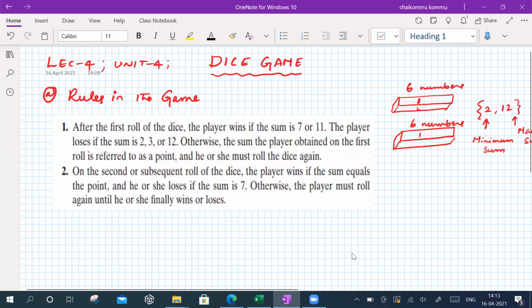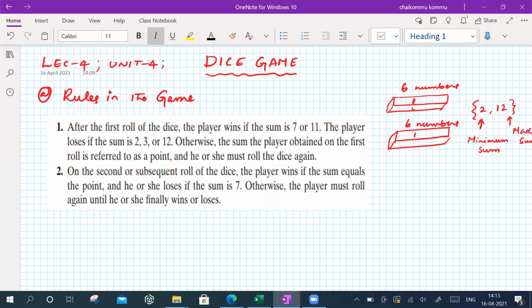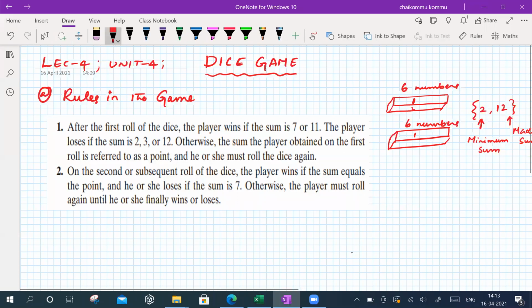After the first roll, please carefully understand, because based on this only we are going to construct everything. So after the first roll of the dice, the player wins when the sum is 7 or 11.